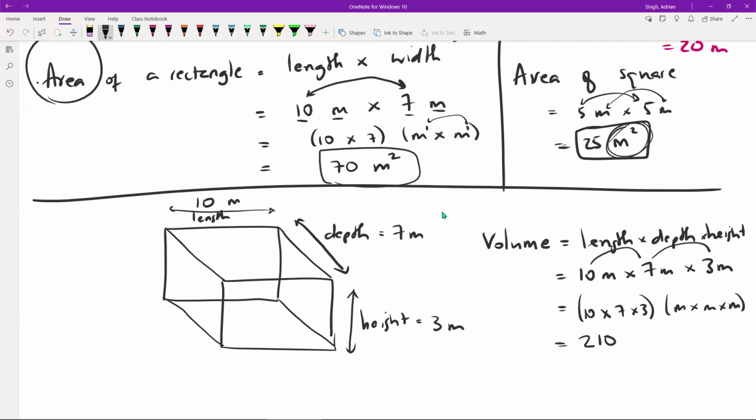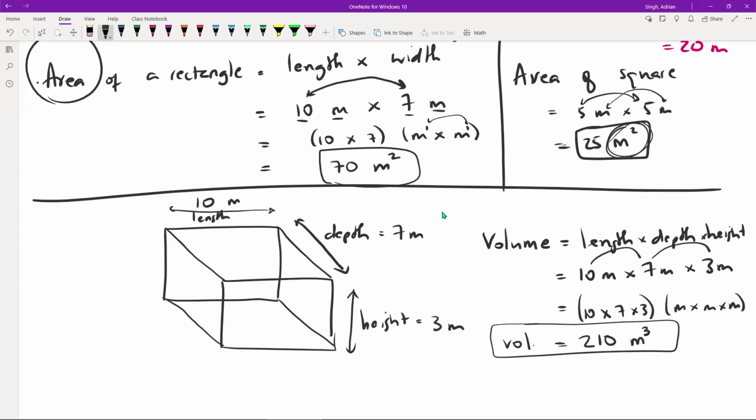Then meter times meter times meter, that would be meters cubed. Okay, so the volume of this rectangular solid is 210 meters cubed.